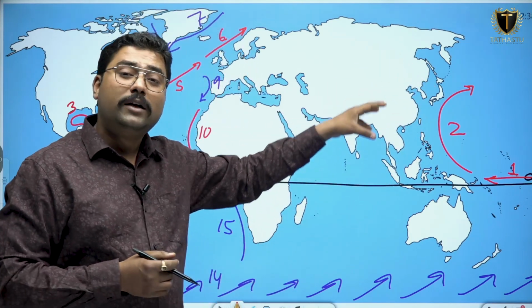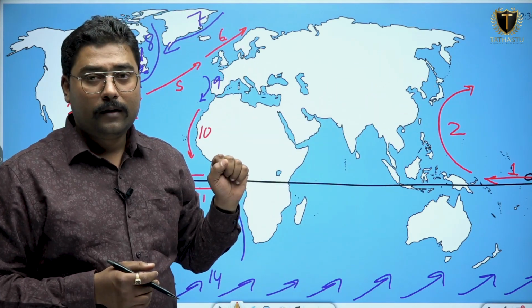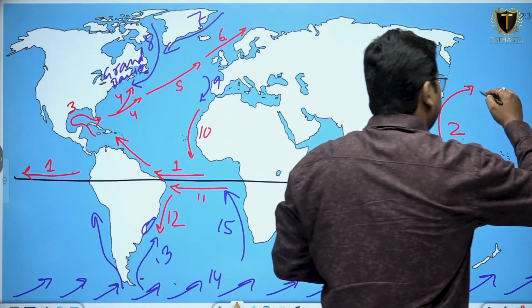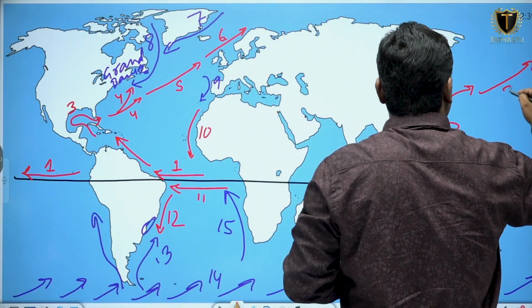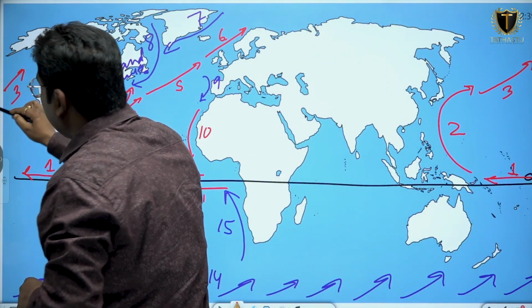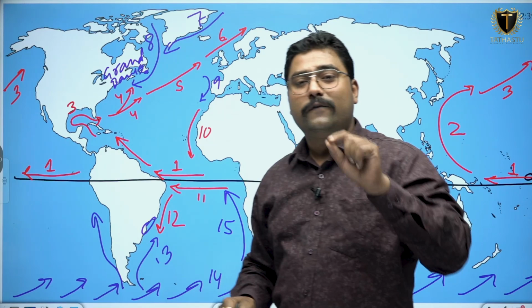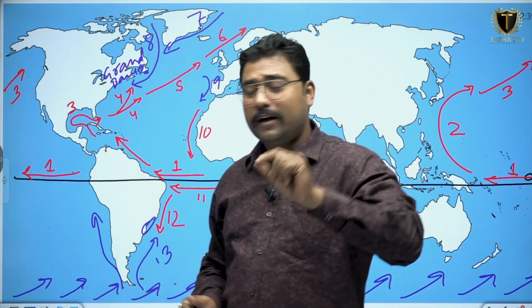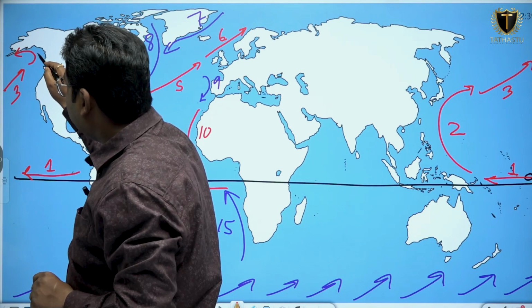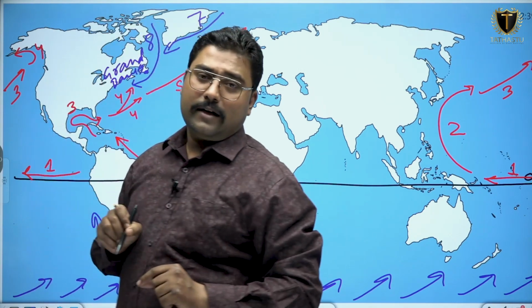Japan is located in the temperate latitude, but due to the warm Kuroshio or Japan current, the eastern coast of Japan is open during the winter season also. This Kuroshio will again come under the influence of westerlies by becoming the North Pacific drift or North Pacific current, and after reaching the coast of Alaska and western Canada, it will become the Alaska current.